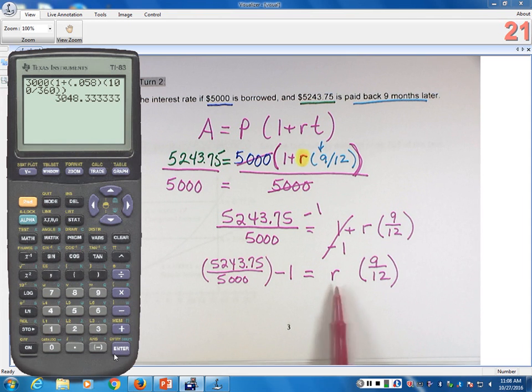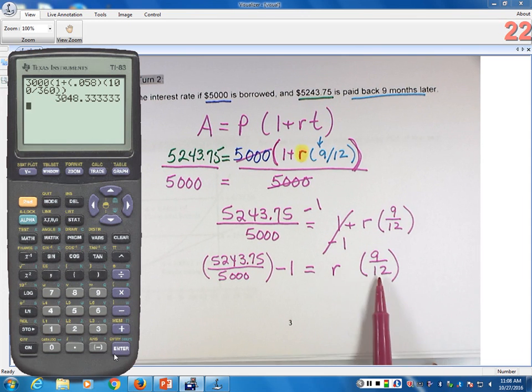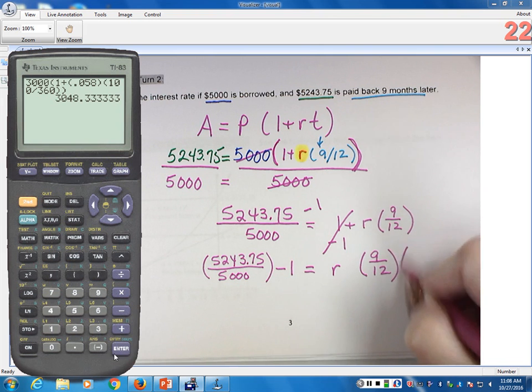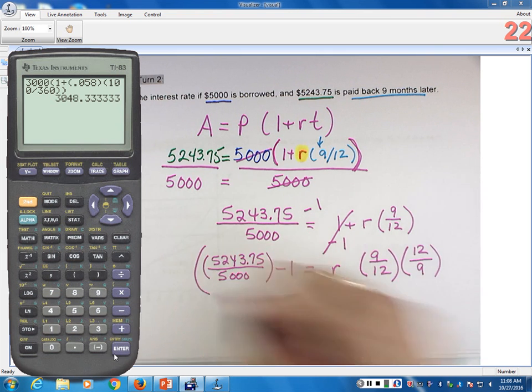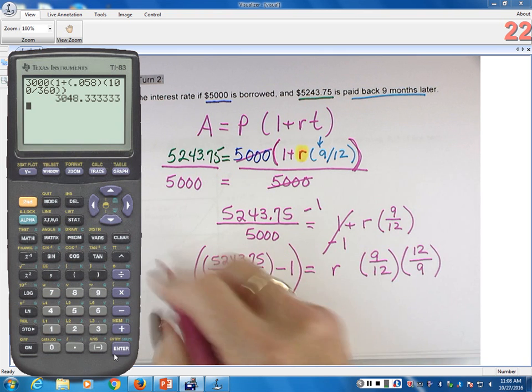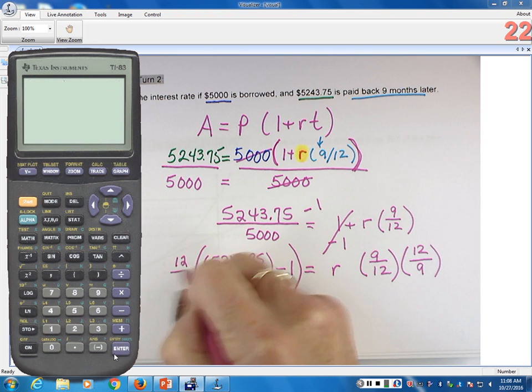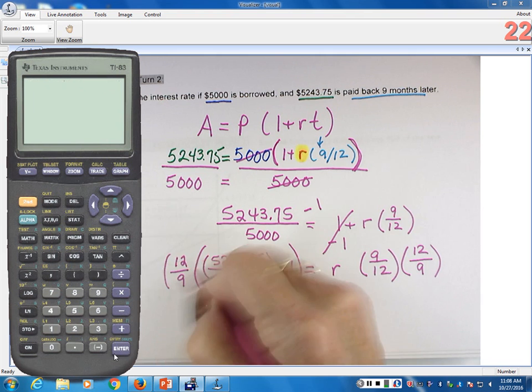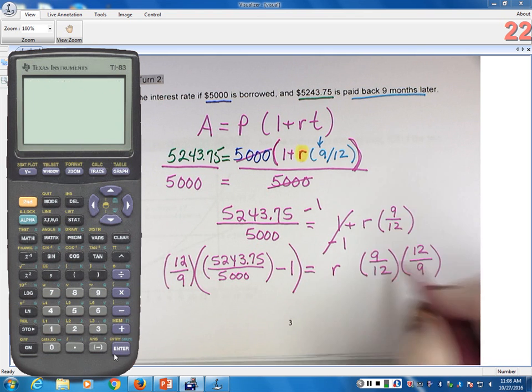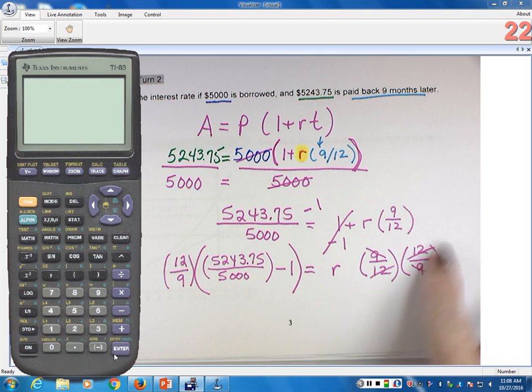Not quite. I need to actually multiply by the reciprocal of 9 over 12 on both sides. So 9 over 12 times 12 over 9 cancels everything out and becomes 1.